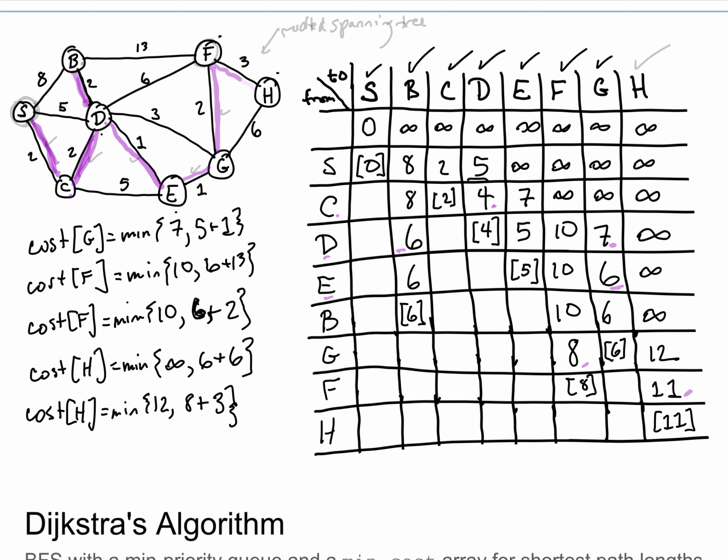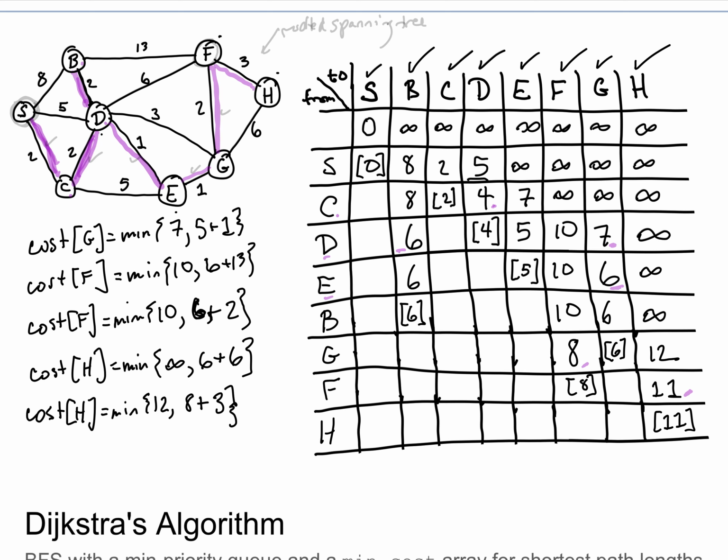So F is the parent in this minimum path, and we don't have any unprocessed neighbors of H to look at. So now H is vacuously processed, and now there are no unprocessed vertices, so we are done with the algorithm.